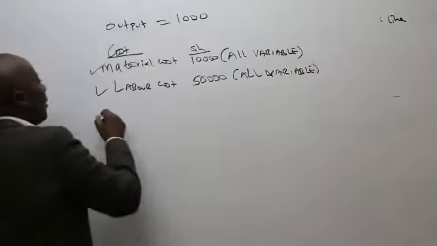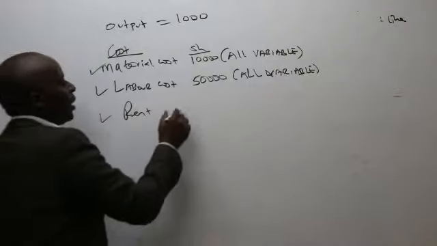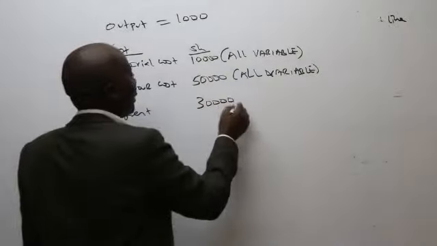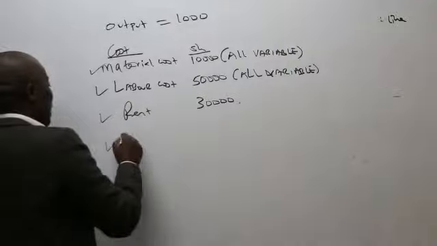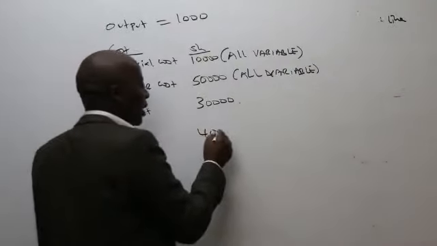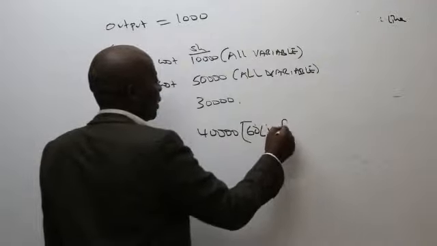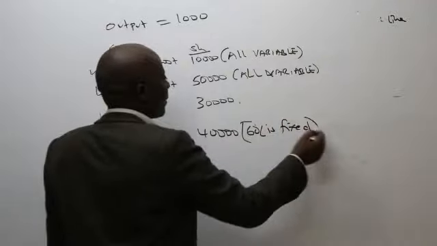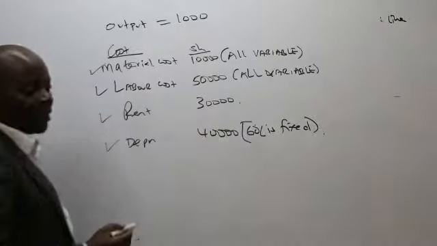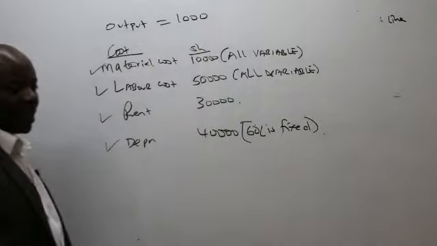Then we have rent, 30,000. And then depreciation, 40,000, of which 60% is fixed.